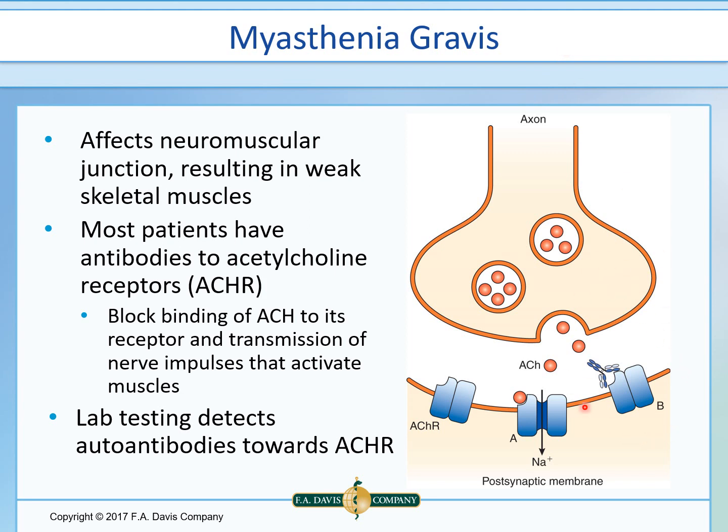In figure B, in which the patient is affected by myasthenia gravis, antibodies to the ACH receptors are formed, blocking transmission of the nerve impulses. Again, lab testing used to diagnose this includes detecting the autoantibodies towards the AChR.